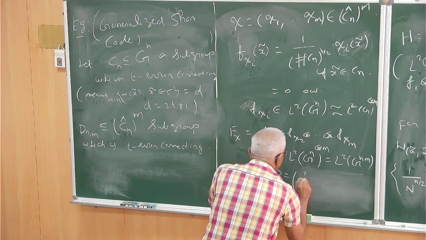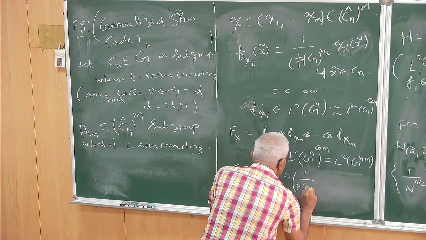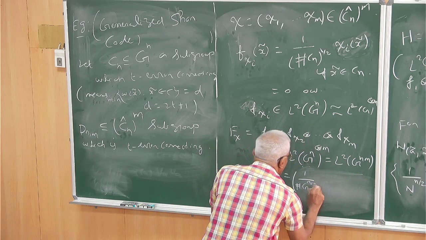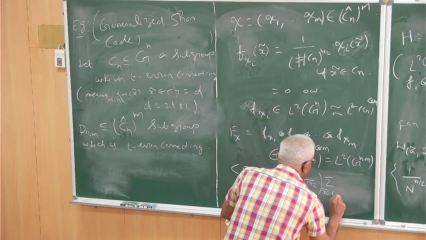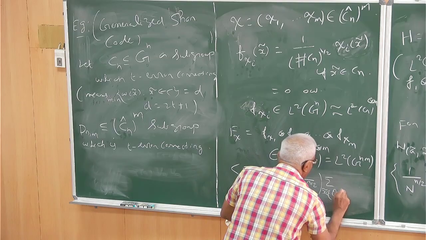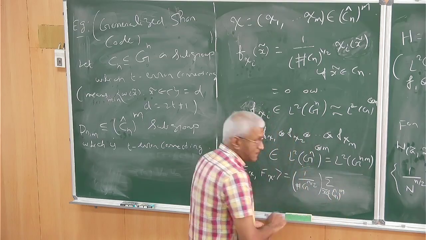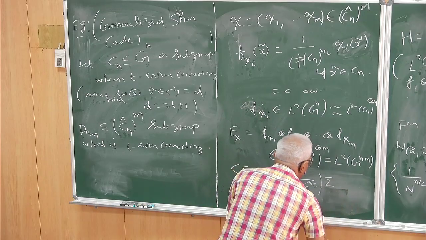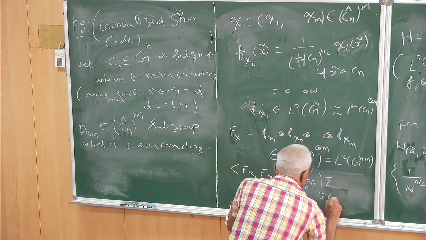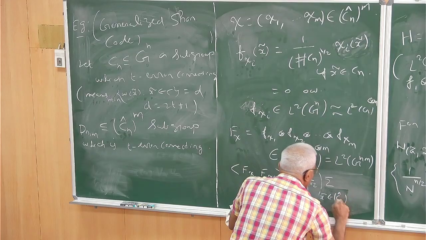You have a constant which is the number of elements in Cn power m by 2, summed where x tilde is in Cn hat m.